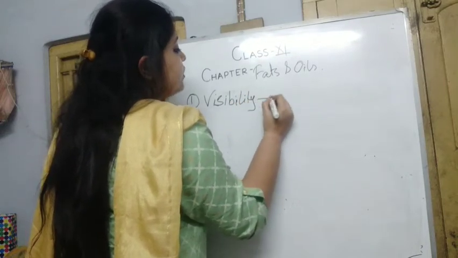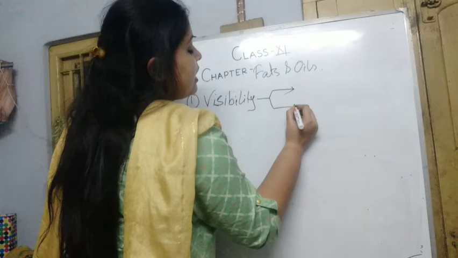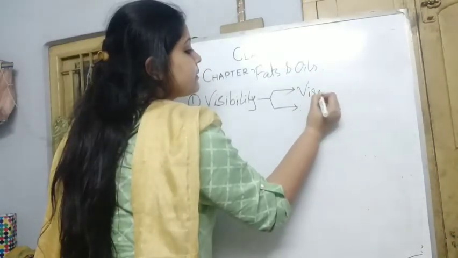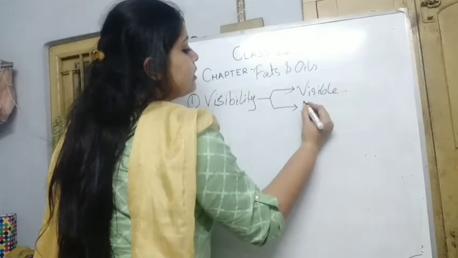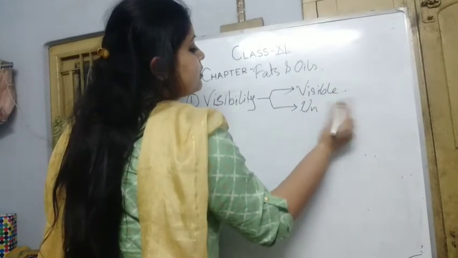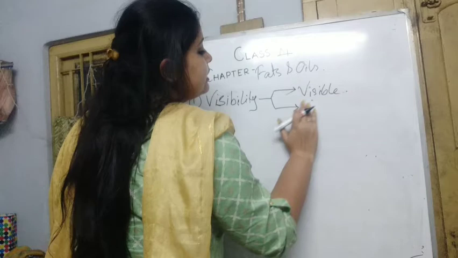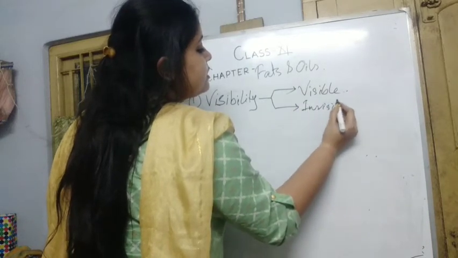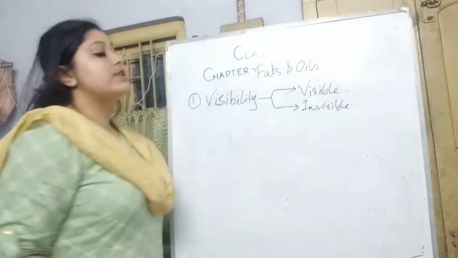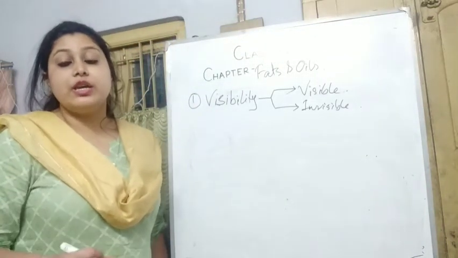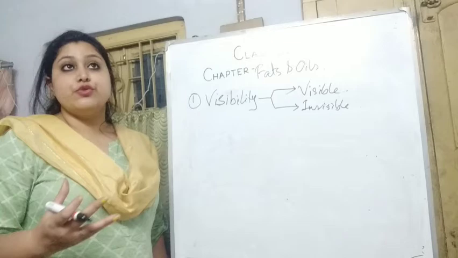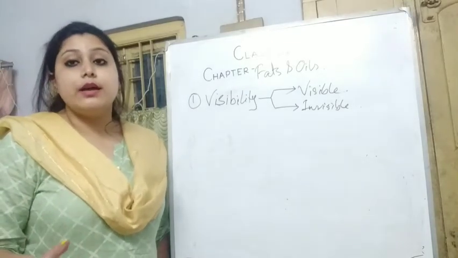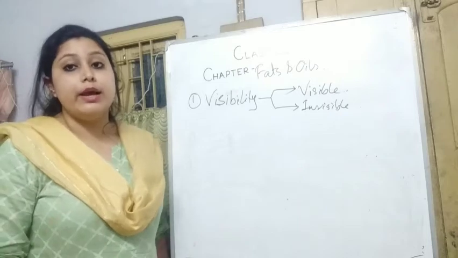According to visibility, fats are of two types: visible fat and invisible fat. Visible fats are the fats which we can see and know as fats, like oils, such as palm oil and coconut oil.